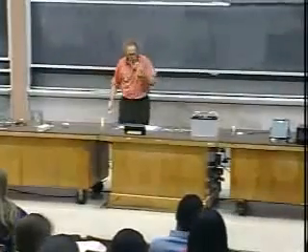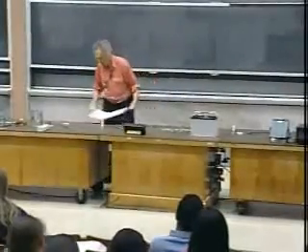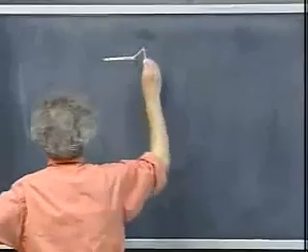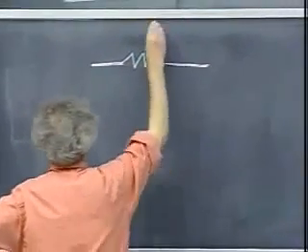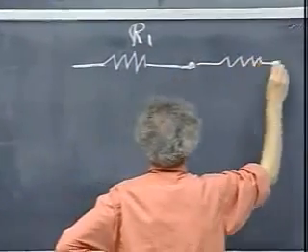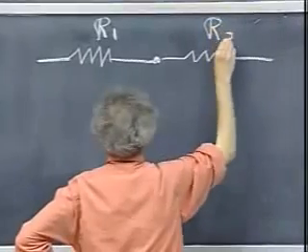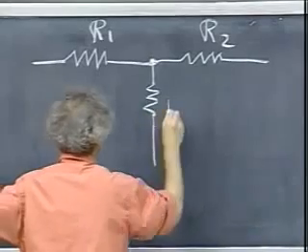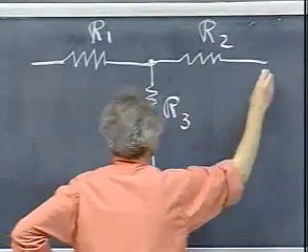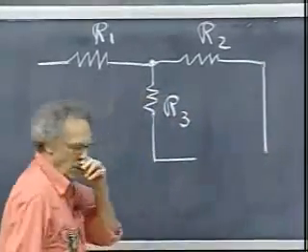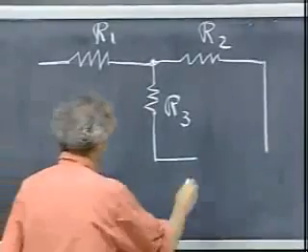So now we start out with a very modest circuit. Here we have a resistance R1. Here we have a resistor R2. And here R3. And then we put a battery in here. And we put the plus side, say, on the left.